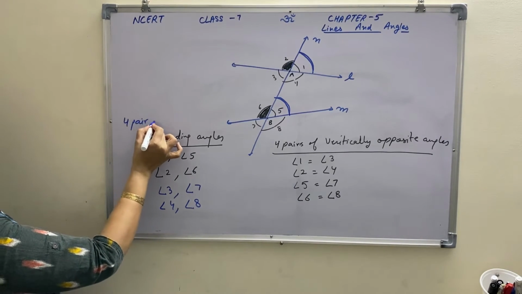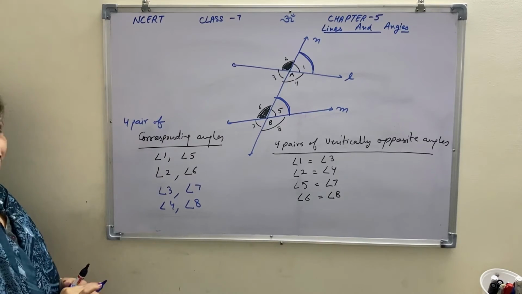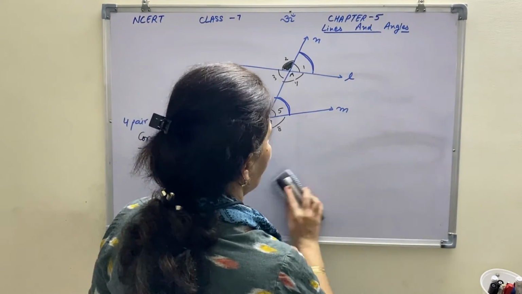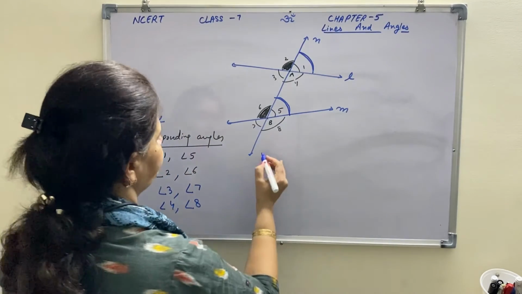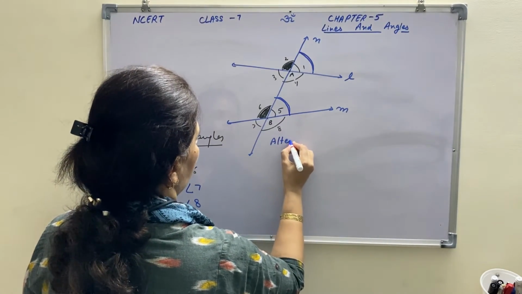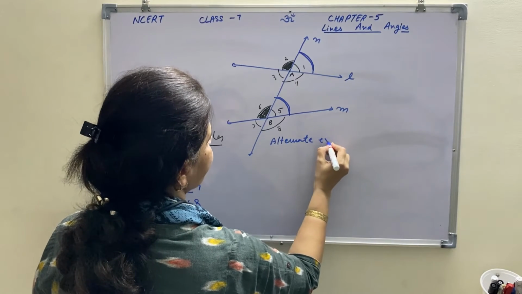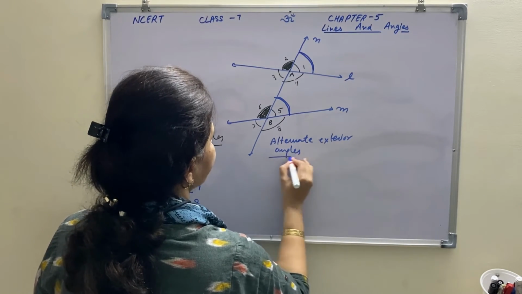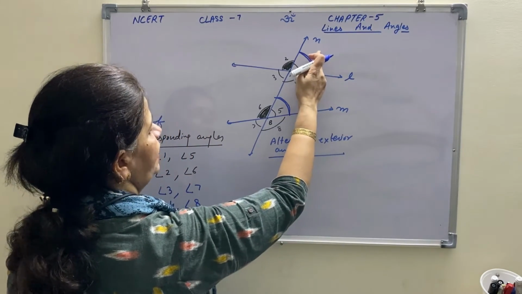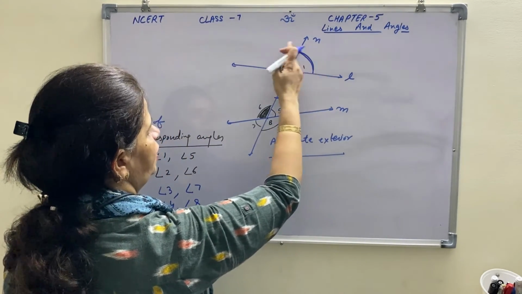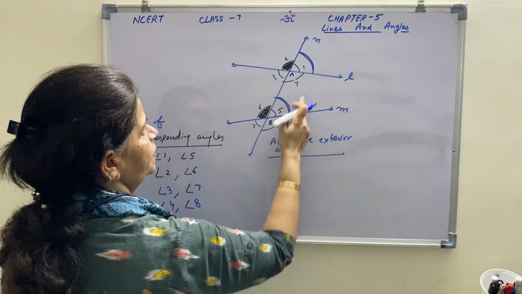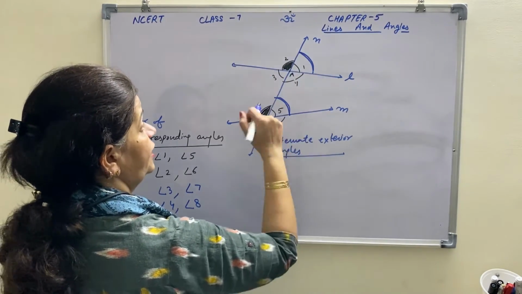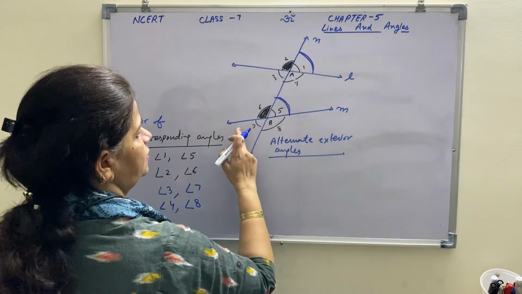Understood? 4 pairs. Right? After this, another type is alternate exterior angles. Alternate exterior means, first of all, the exterior angles are 1, 2, 7 and 8. 1, 2, 7 and 8 are exterior angles, a total of 4 exterior angles.